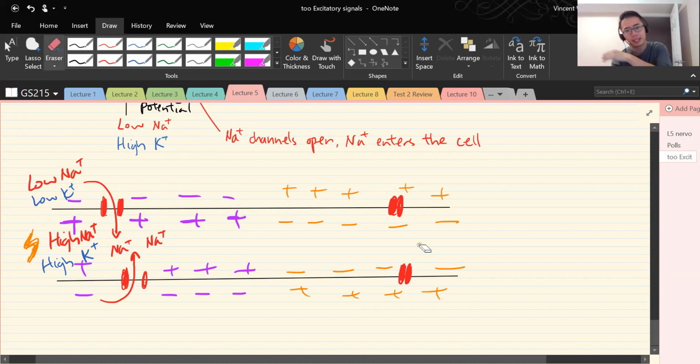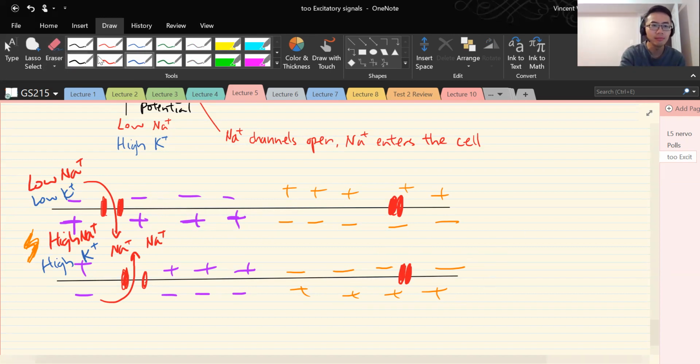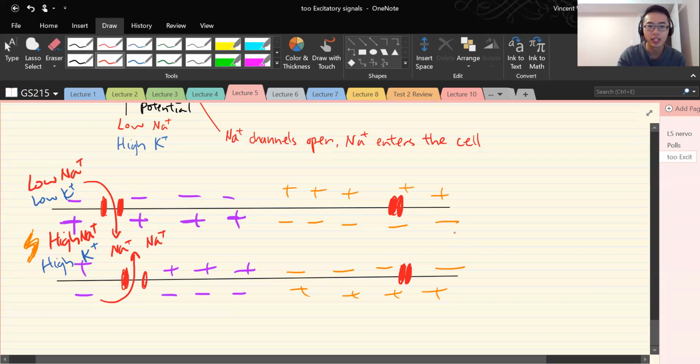Further down the axon, okay? Sodium, low or high? What do you think? Low. Okay, anyone else? Hafsa also said low. Anyone else?